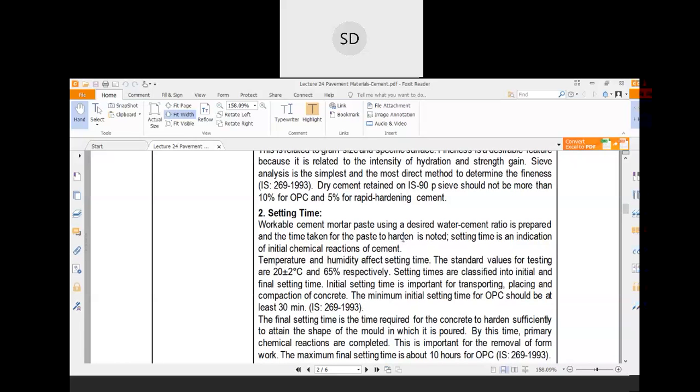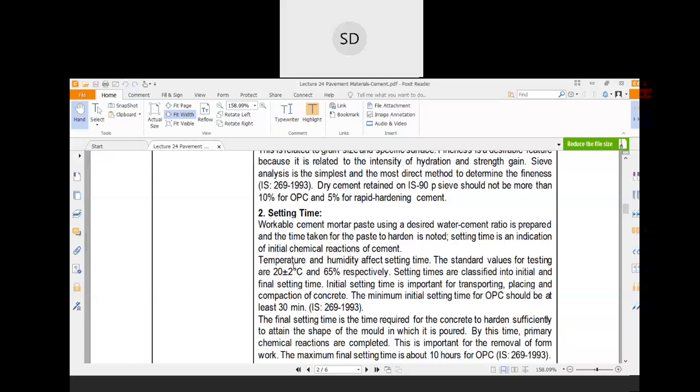Initial setting time is very important because if you know the initial setting time, you can have an idea of how much time you will have to place your concrete over the surface. A workable cement mortar paste using a desired water cement ratio is prepared, and the time taken for the paste to harden is noted; that is the setting time.